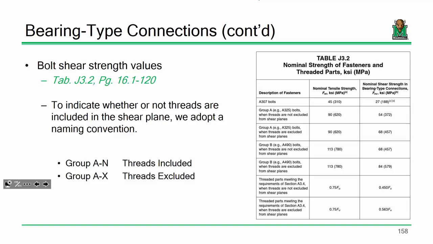But let me say this. If you give me a connection and you say, isn't the bolt going to fail before the plate does? My answer is, I don't know. I have to go through and do the math and see. Before, we said we can compute gross section yielding, we can do net section fracture, block shear rupture. All that stuff is still relevant, but now we're looking at, what about bolt shear?